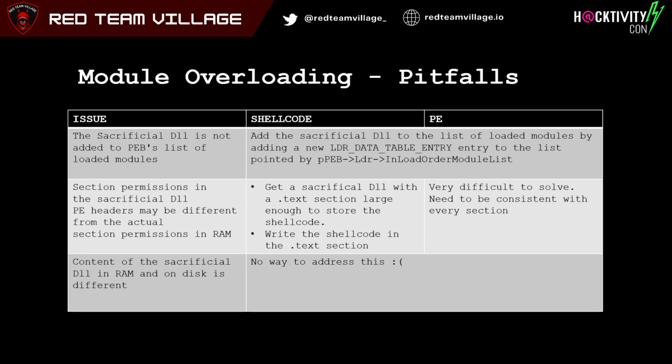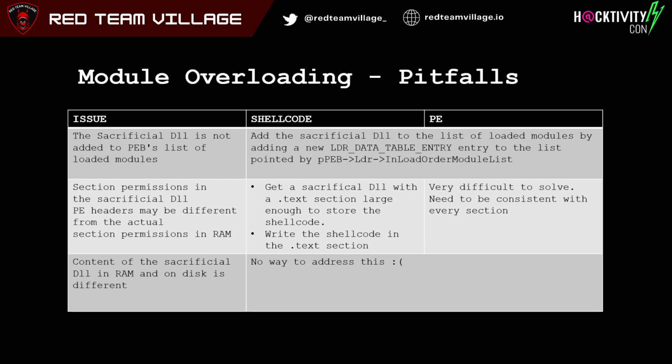The second issue is that the section permissions in the sacrificial DLL headers may be different from the actual section permissions in RAM, since of course the header of the DLL is going to be different from the header of the PE we are going to load in memory.